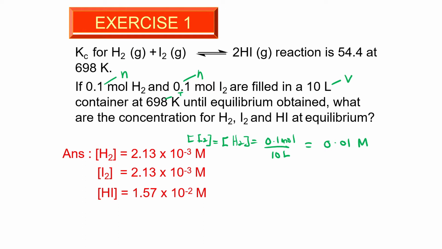So this is the initial concentration of hydrogen and iodine. Right, so to find the concentration at equilibrium from the given value of Kc, we need an ICE table. Alright, so let's try to create our ICE table.